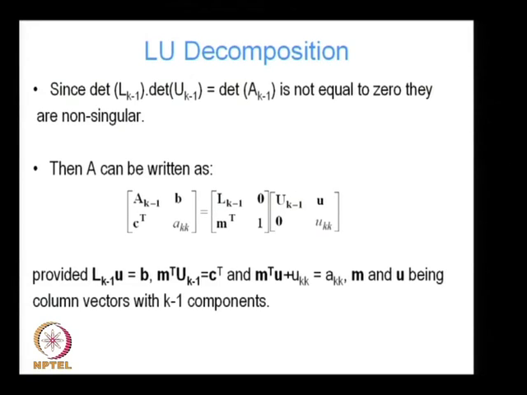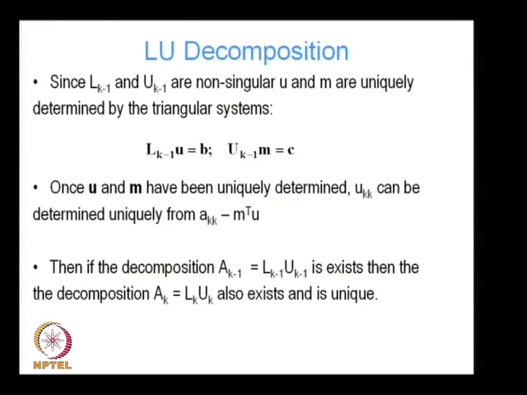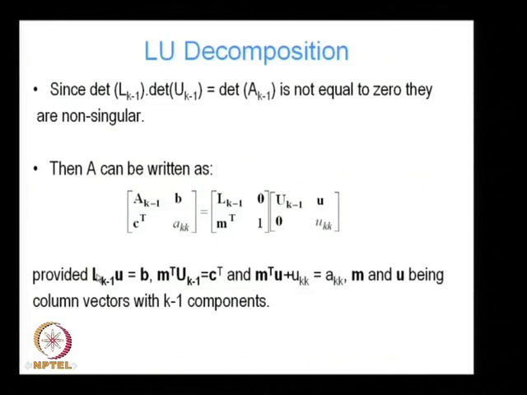But since we know that Lk minus 1 and Uk minus 1 are non-singular, that means that if we try to solve this equation Lk minus 1 u equals b, or for that matter this equation M transpose Uk minus 1 equals c transpose, since Lk minus 1 is non-singular and Uk minus 1 is non-singular, we can always solve this system and get the appropriate values for M and u.